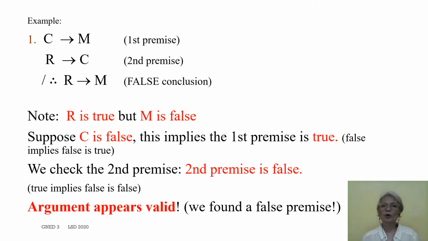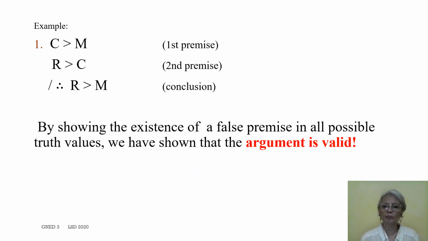So we were able to explore the possibilities when C is true, when C is false, and in both cases, we are able to find a false premise. And therefore, we say that the argument is valid. Bakit nga ulit? Because we have shown the existence of a false premise in all possible truth values.